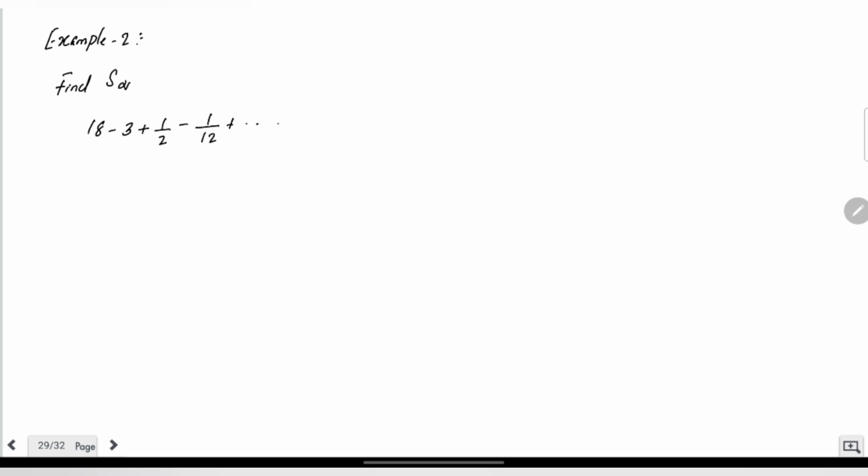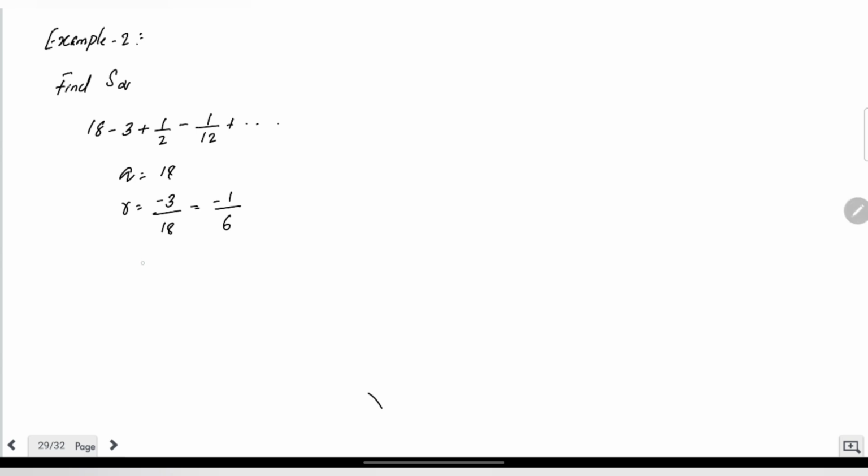Find the sum to infinity of the following series. Sum to infinity will work only in geometric series with the common ratio between minus 1 and plus 1. Let me check where a is equal to 18 and the common ratio is the second term, negative 3, divided by 18. So the answer is negative 1 over 6. Is it clear? Common ratio, we got it.